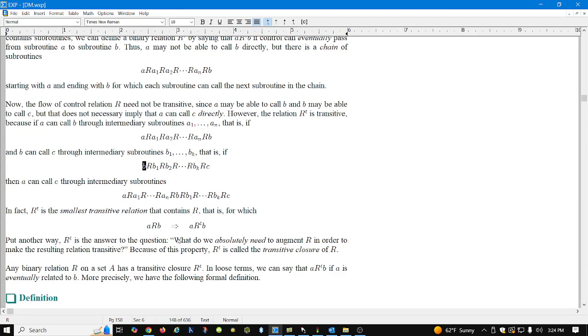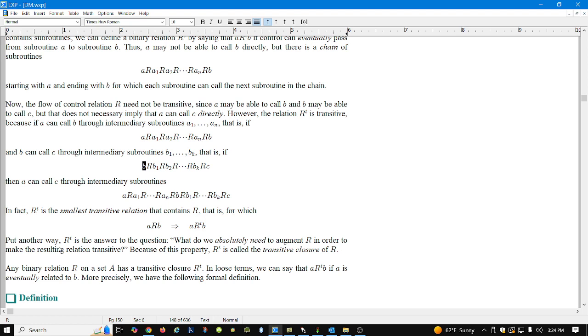Okay. Another way to say contains is A R B implies A R^T B. So R superscript T is the answer to the question, what do we absolutely need to augment R? What do we have to do to R in order to make the resulting relation transitive?